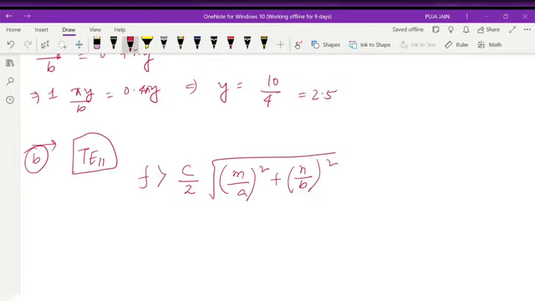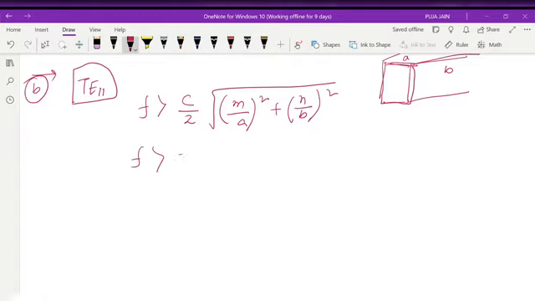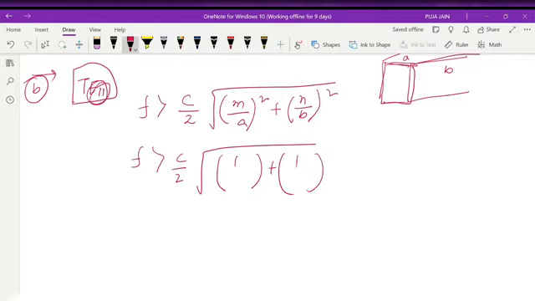If this is the rectangular waveguide, then this is A and this is B. Now m and n are both 1. A and B we have calculated: this is 3.33 centimeter and this is 2.5 centimeter.